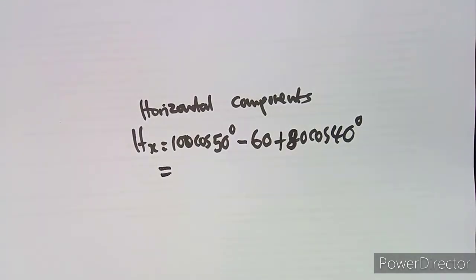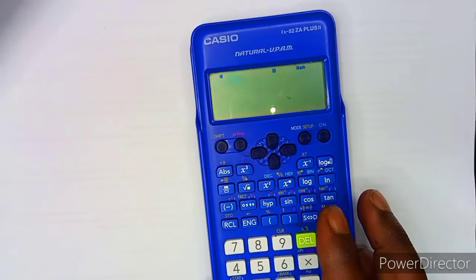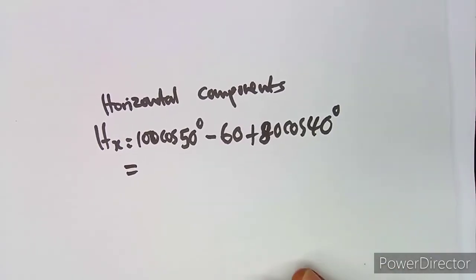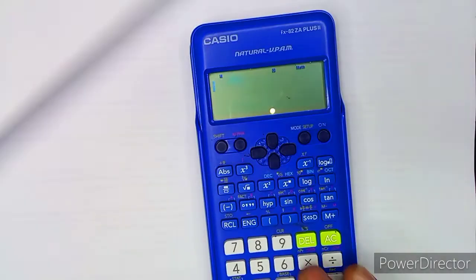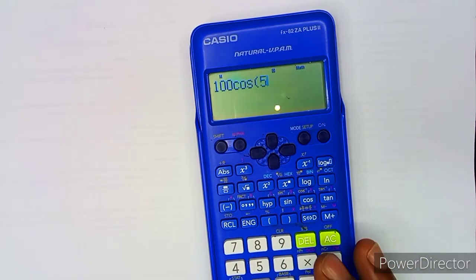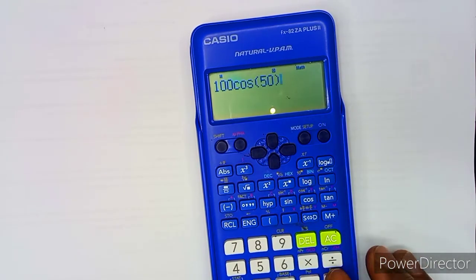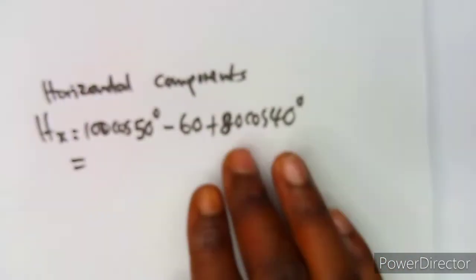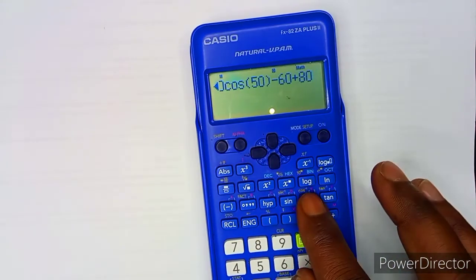We can actually combine these forces together to find the horizontal component, which is our Hx in this case. Okay, so we have 100, the first one, take note guys, 100 cos 50, minus 60, so you're going to subtract 60, plus 80 cos 40.